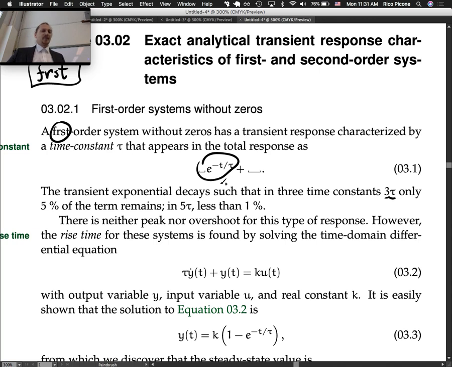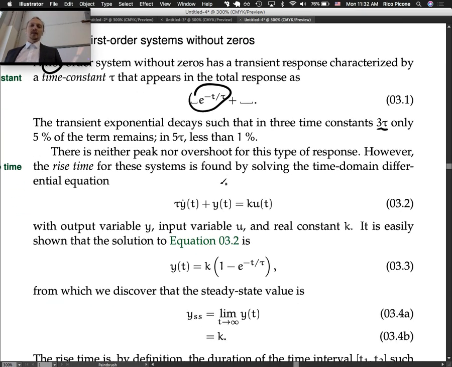Okay. There is neither peak nor overshoot for this type of response. However, the rise time for these systems is found by solving the time domain differential equation. So this is the differential equation that governs a first order system with no zeros, okay? We know there are no zeros because we have no time derivatives of the input u, right?